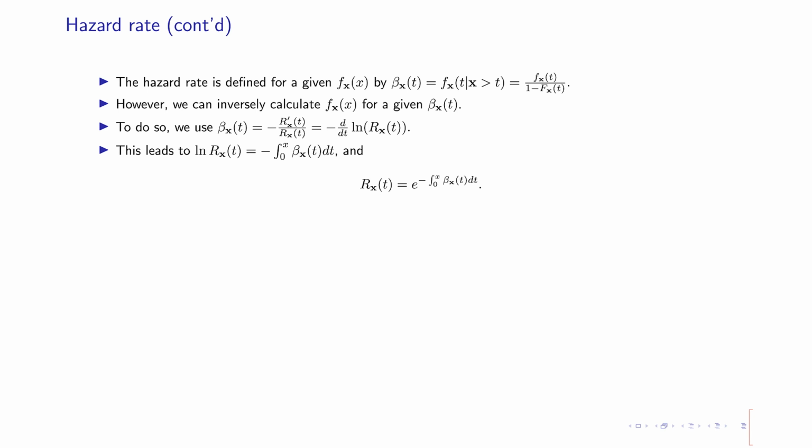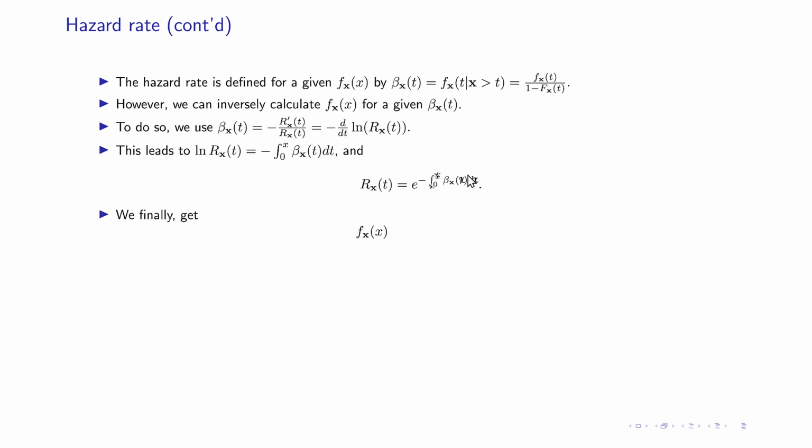So from here you can see quickly that R_X(t) is equal to e to the power of the integral of the hazard rate. There is a typo here. This should be t, this should be x, because here the dummy variable is x.